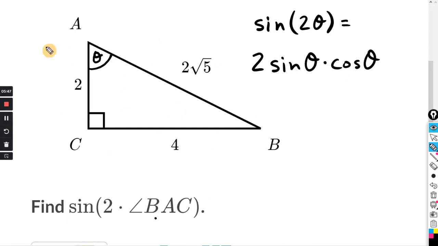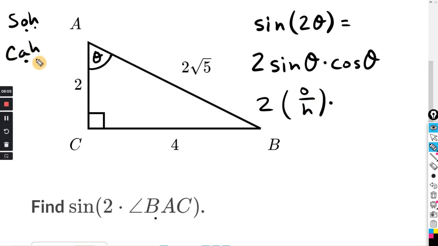Remember SOHCAHTOA. For the sine, it's opposite over hypotenuse. So this is going to be 2 times, for the sine, opposite over hypotenuse. And for the cosine, remember SOHCAHTOA, adjacent over hypotenuse. That's what we're looking at here. We need to label the sides.